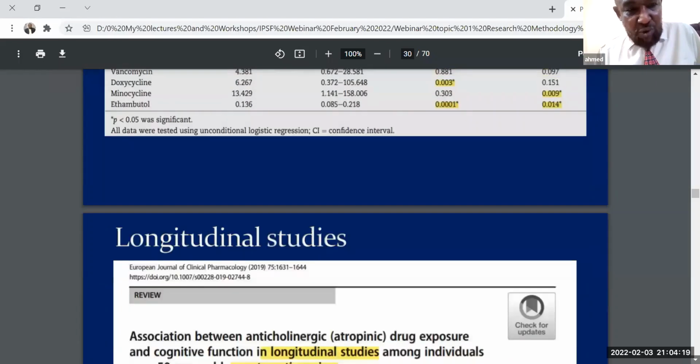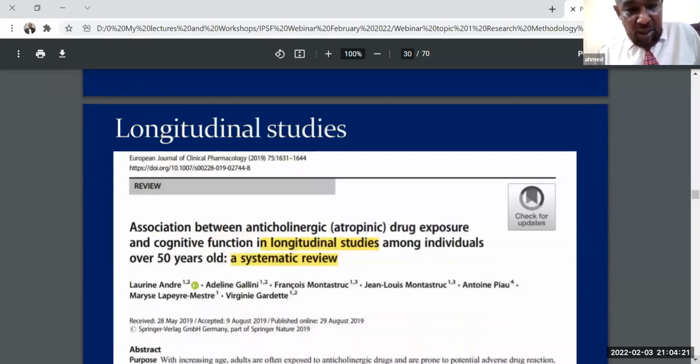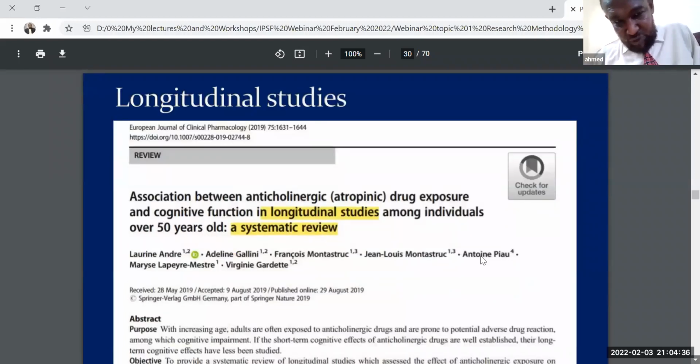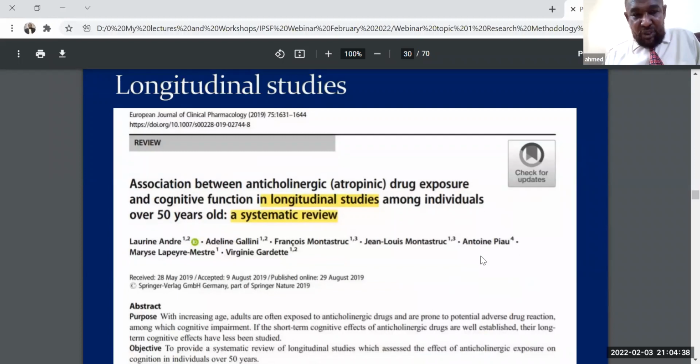Another example of longitudinal study, but this one is a systematic review, actually a systematic review of longitudinal studies. This is another type of research paper. A systematic review is a type of reviewing evidence, trying to summarize the evidence collected. The evidence is presented in a lot of studies addressing the same research question.